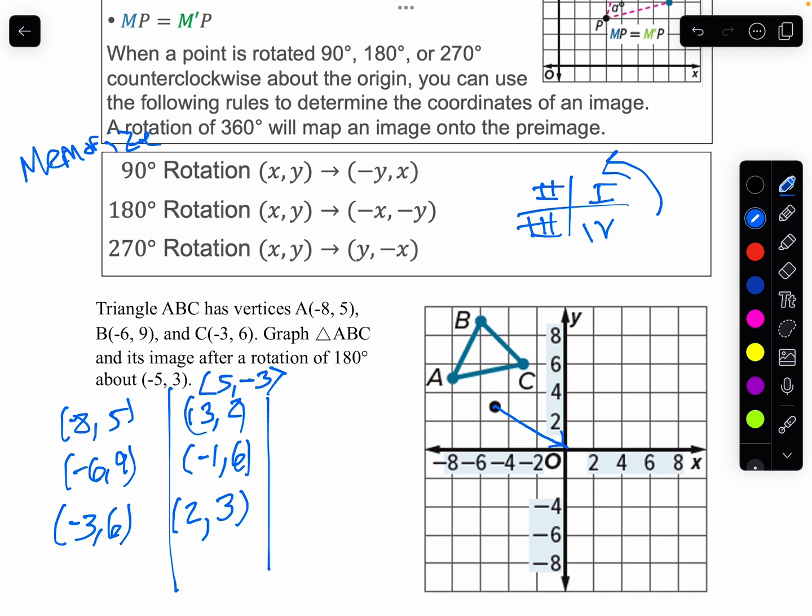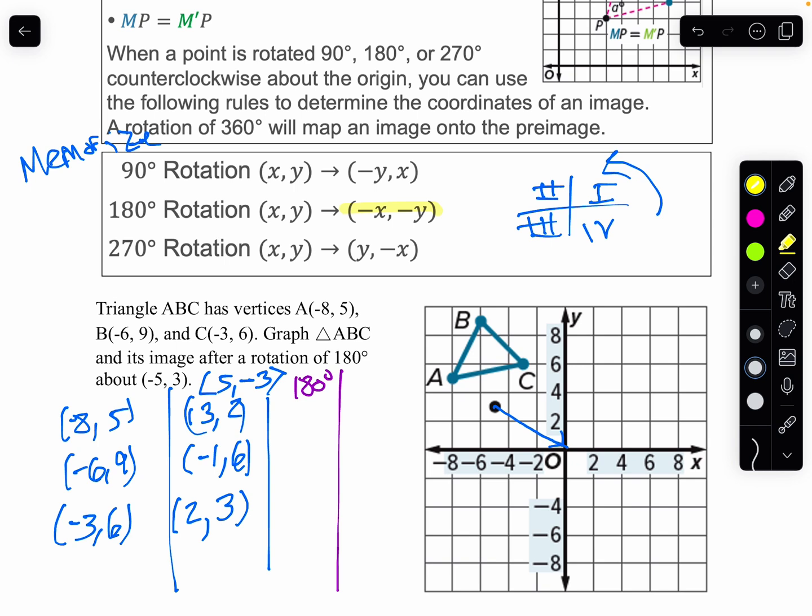Next, I'm going to do my 180-degree rotation. Now, when you do your 180-degree rotation, notice we just make the coordinates the opposite, -x, -y. So then, by the way, it wasn't 13, was it?